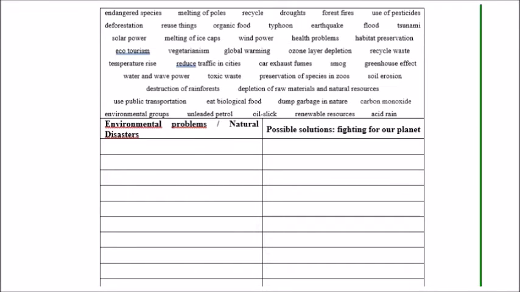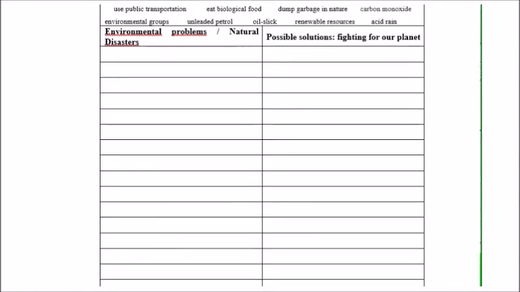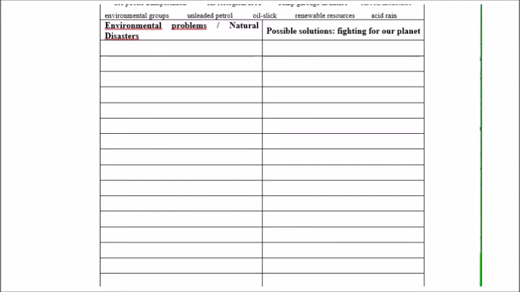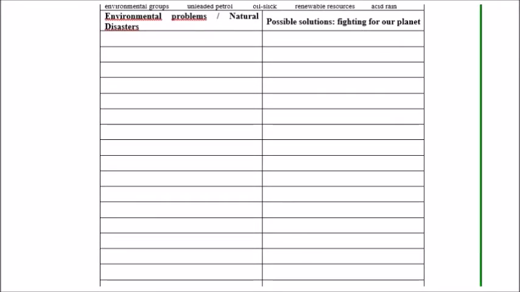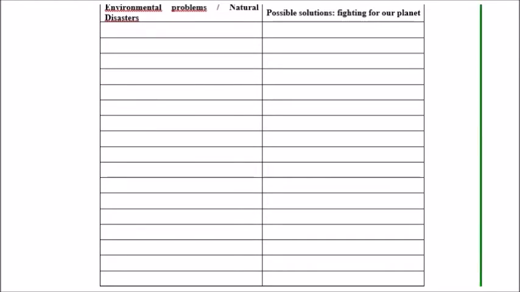Okay, taking into account that bank of vocabulary, you're going to classify those words in these two categories: environmental problems, natural disasters, and possible solutions of fighting for our planet. Ok, entonces, ese vocabulario que tenemos acá arriba, vamos a utilizarlo para completar o clasificar ese vocabulario en estas dos categorías.